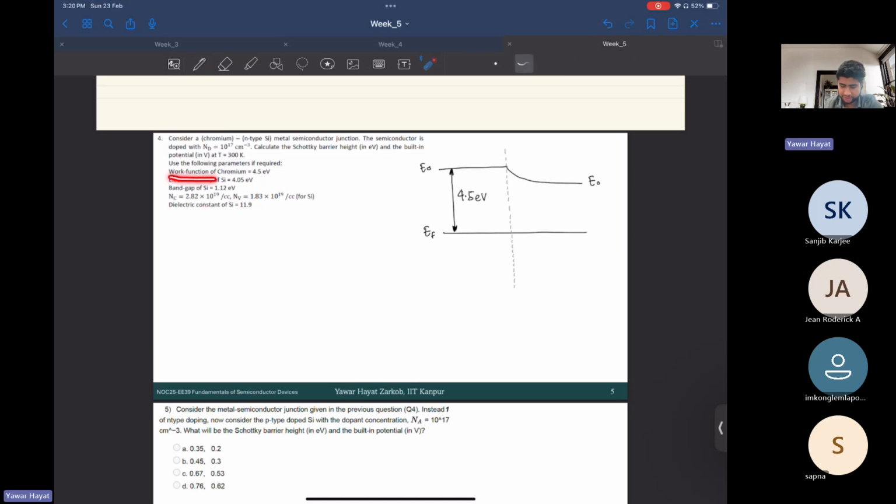It's provided that the work function of chromium metal is 4.5 electron volt. That is the reason I wrote 4.5 electron volt on this side, and silicon affinity is 4.05 electron volt. So if I draw that, it would be something like this.